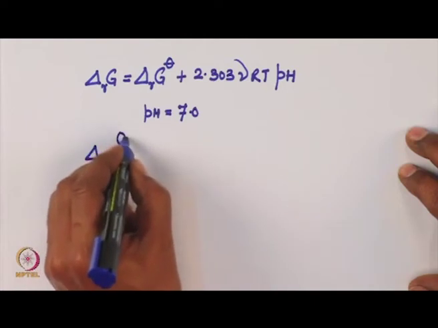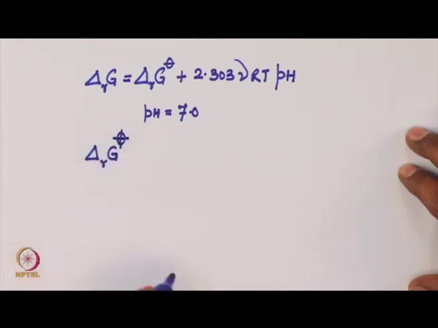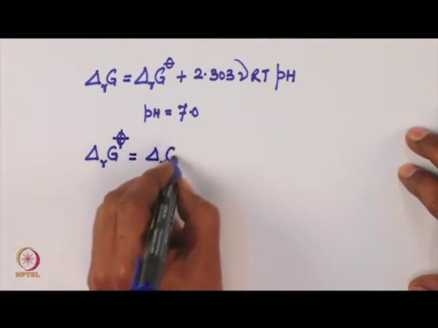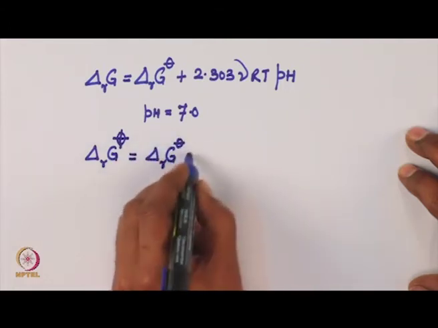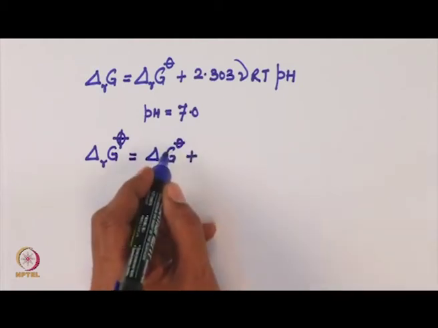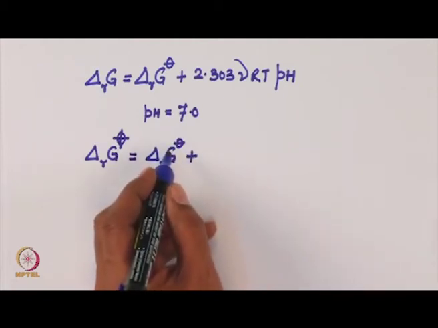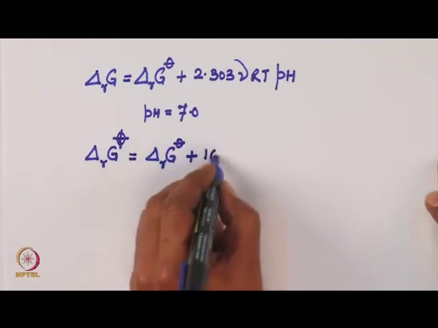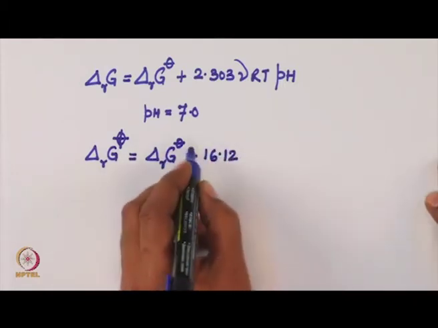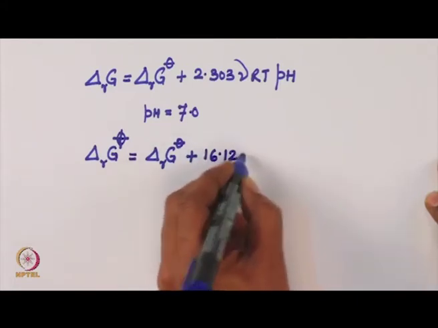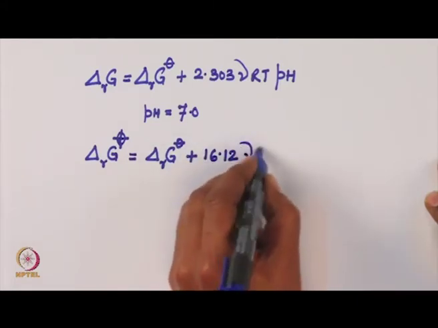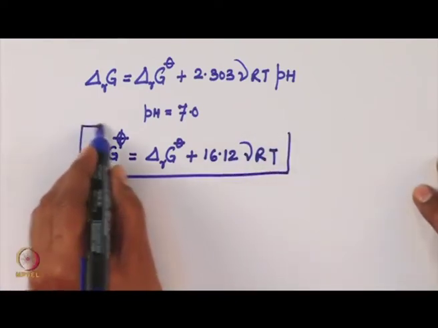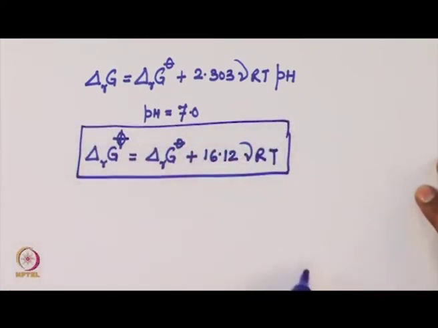But this now, since we are talking about biological standard state, is equal to delta R G naught plus 16.12 into nu RT. This is the equation that we derive.